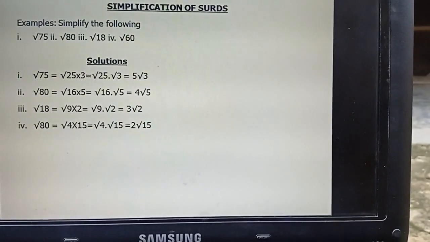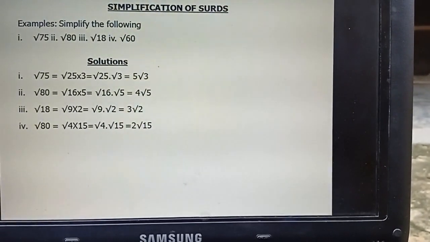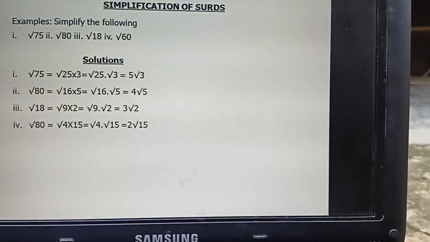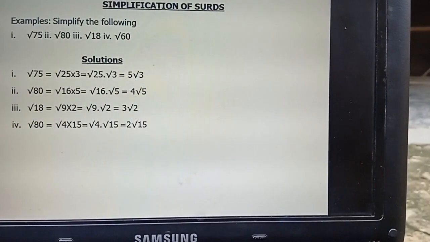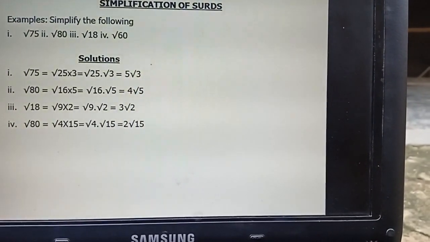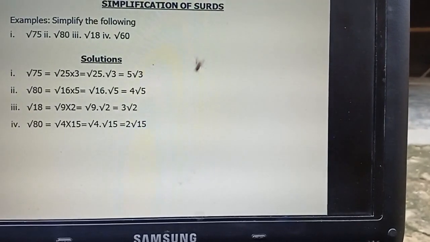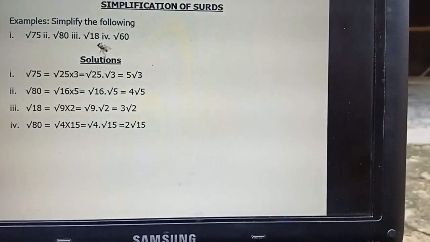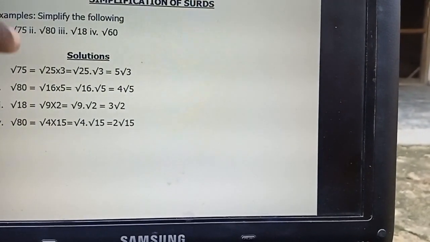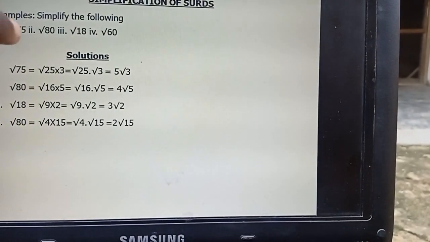Simplification of surds. When they say simplification of surds, it means to simplify. You know what simplify means? If you are given an equation that says simplify the following surds, this square root is a symbol representing a surd.